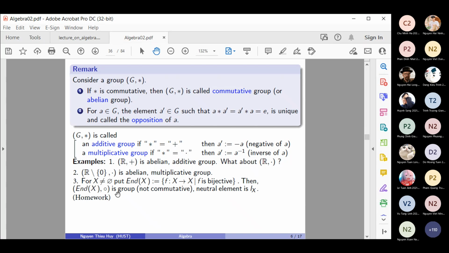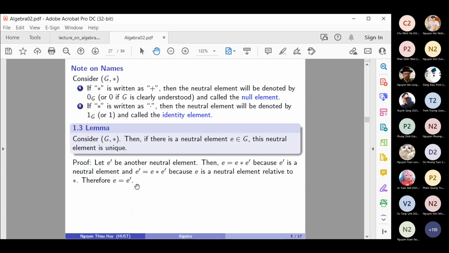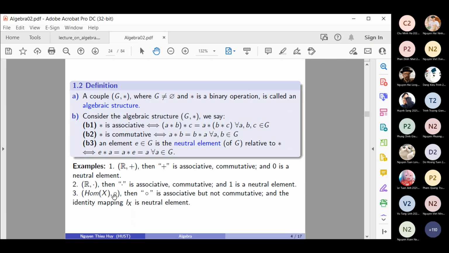The next is an exercise for homework. Again we consider a non-empty set X. If you consider Hom X, that is the set of all mappings going from X to X, and you consider the composition, then it has a neutral element, which is the identity mapping, clearly.